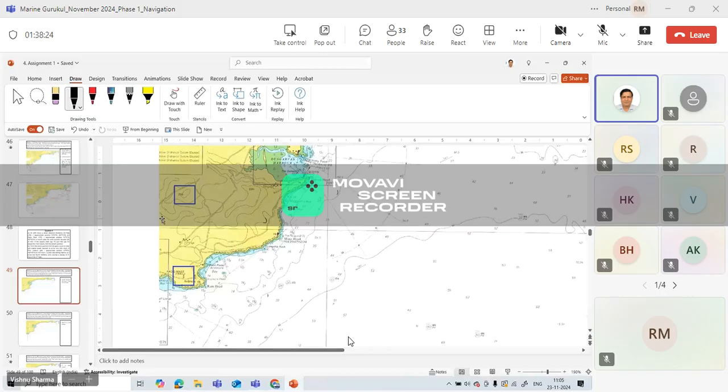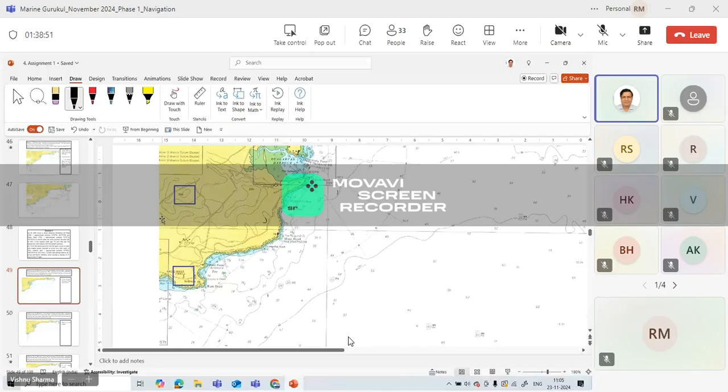What are we going to do? First, we'll reduce the depth to chart datum. I had explained to you that when you add draft to the UKC, you will get the depth of the seabed at that time. So the second PL is by depth contour, and this is the typical language you'll find in the exams.